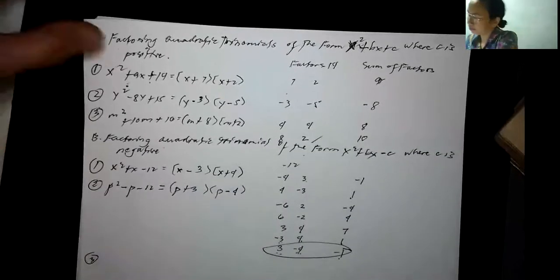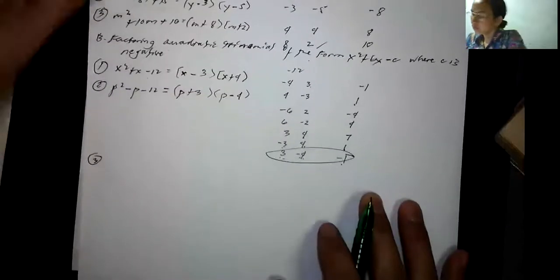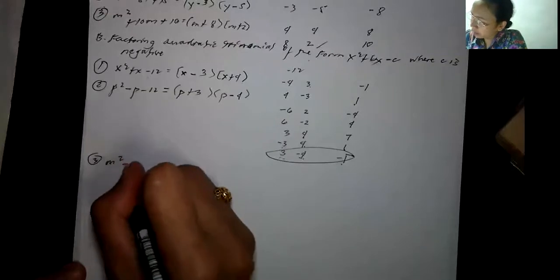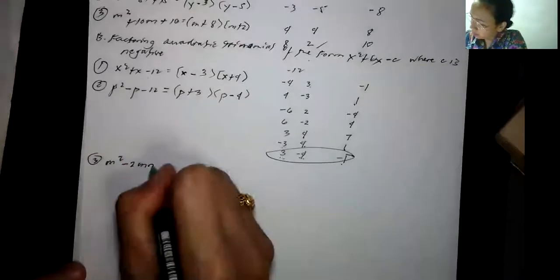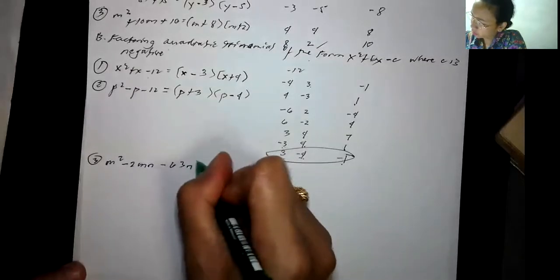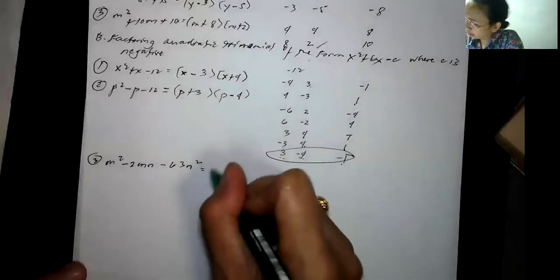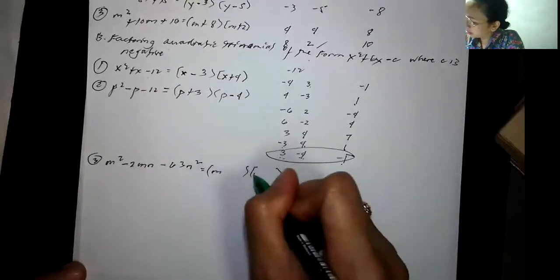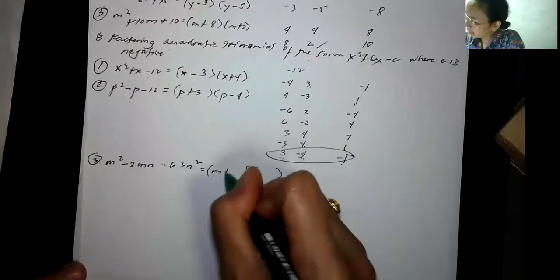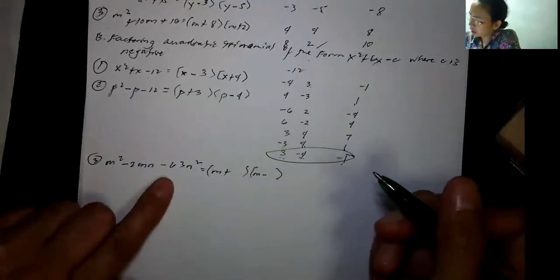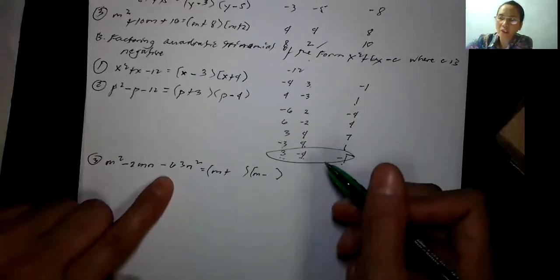Number 3. Let's say we have here m squared minus 2mn minus 63 n squared. So again, the factor of m squared is m and then m. One positive, one negative. So let us have a factor of negative 63 n squared.